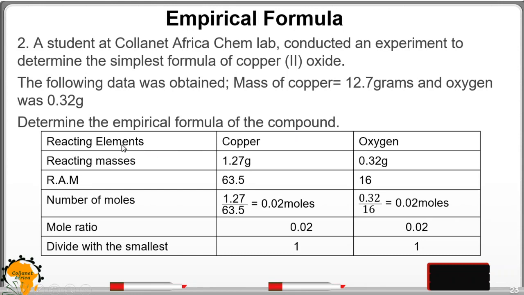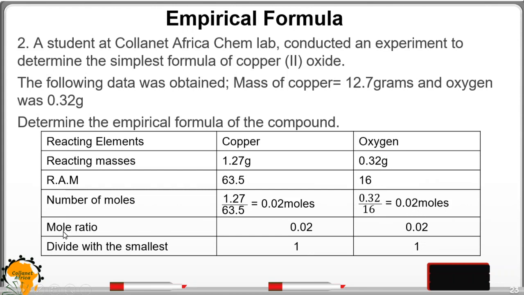Reacting elements, copper and oxygen, while the masses are 1.27 grams for copper and 0.32 grams for oxygen. RAM of copper is 63.5, while for oxygen it is 16. So for number of moles, you divide the reacting masses by RAM to get 0.02 moles, and for oxygen 0.02 moles.